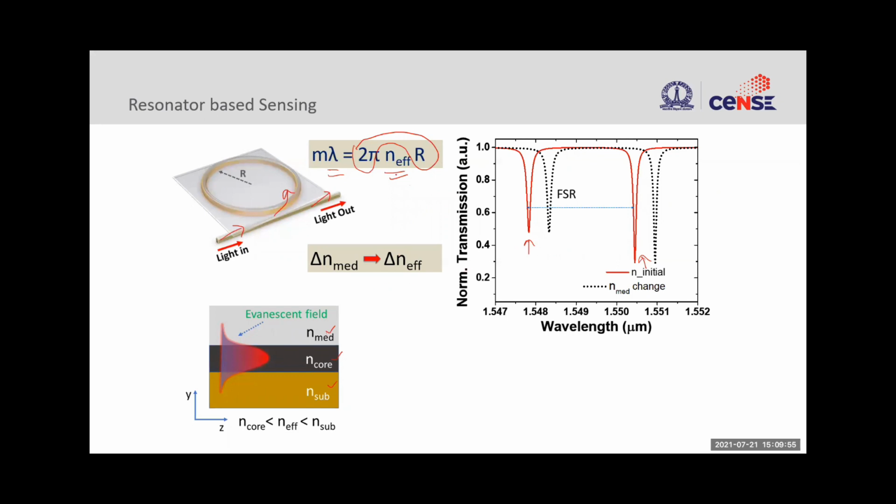Because of this effective index change, the spectral response also changes. The difference in this change is what we are trying to measure, and based on that measurement, you can back calculate the density change that we have. So this is exactly what we are trying to do.